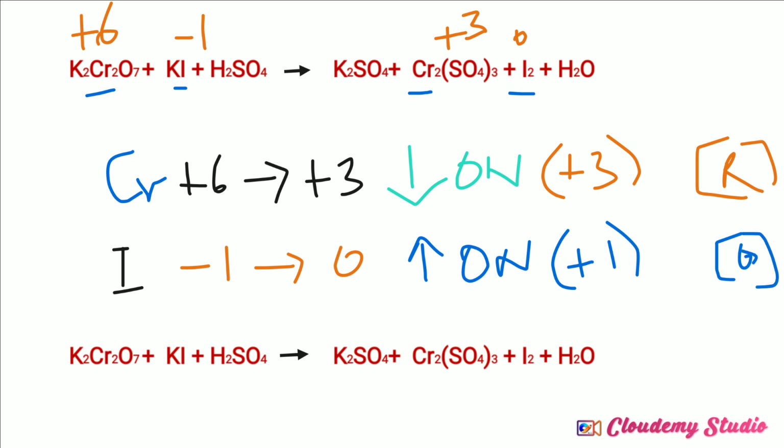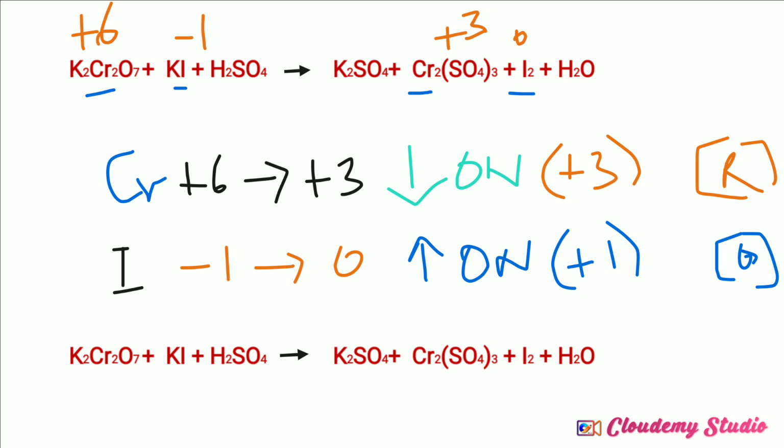Now when we check the equation, chromium atoms 2 times are there, and iodine atoms also 2 times are mentioned in the reaction. Therefore, chromium atom we need to write 2 times, iodine also we need to write 2 times.